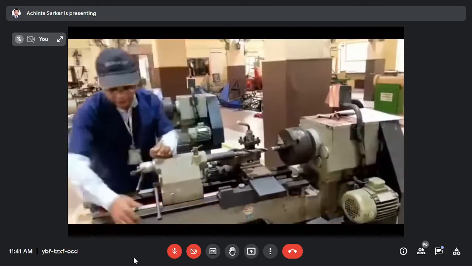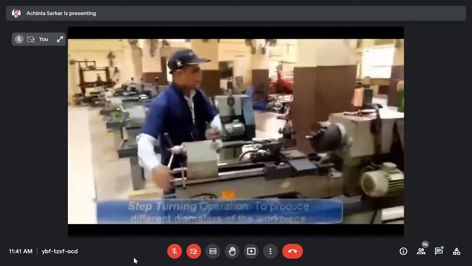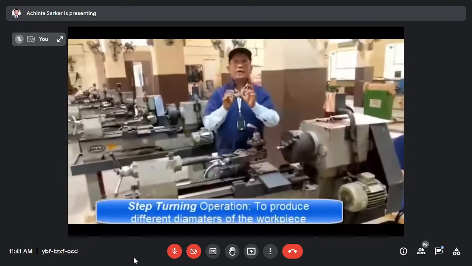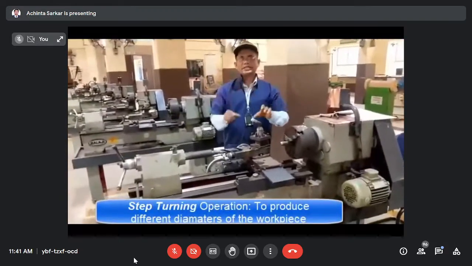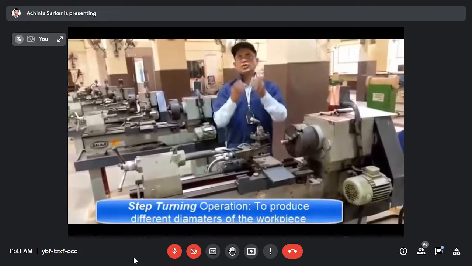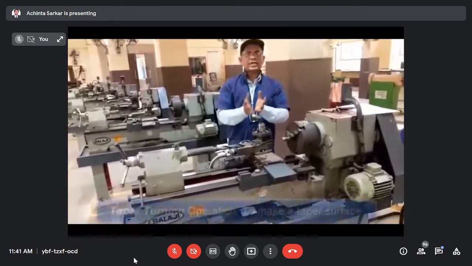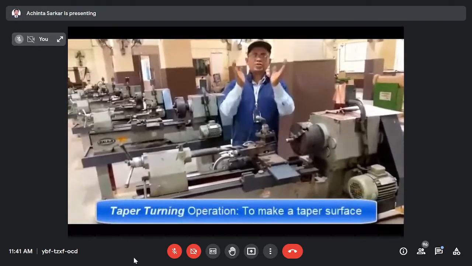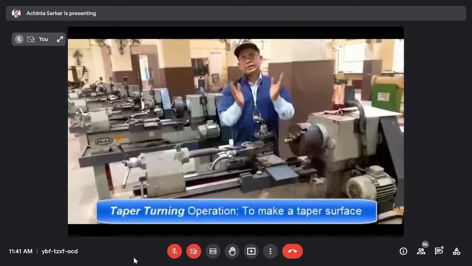Next, the step turning operation. Step turning means that on one axis you produce different diameters step by step. Suppose you want to produce a conical shape from a solid cylindrical workpiece; that is called the taper operation.